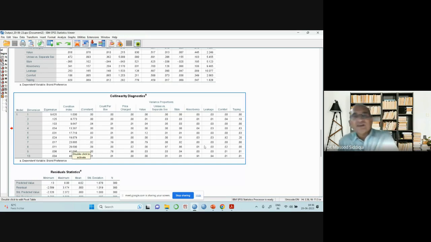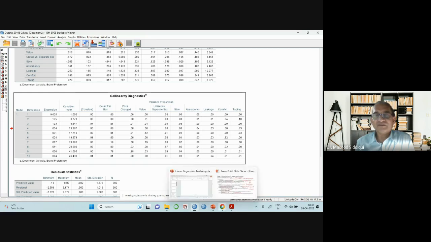It means our data has severe multicollinearity that cannot be ignored. So this is the reason for this bad output. We have to do something in order to correct that. Is it okay?